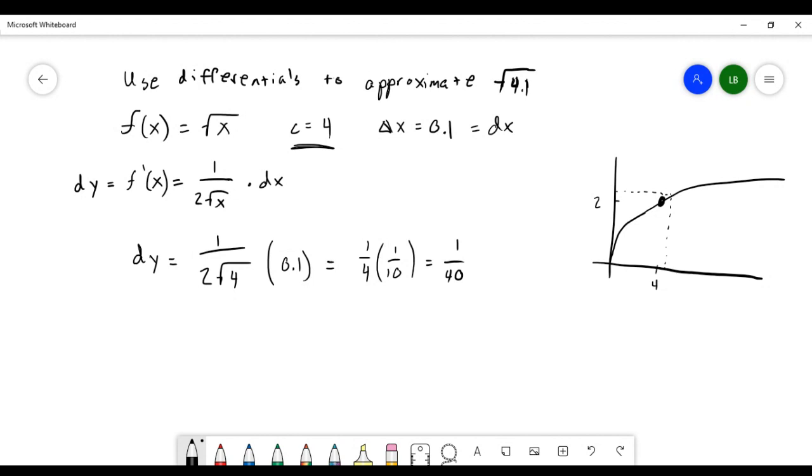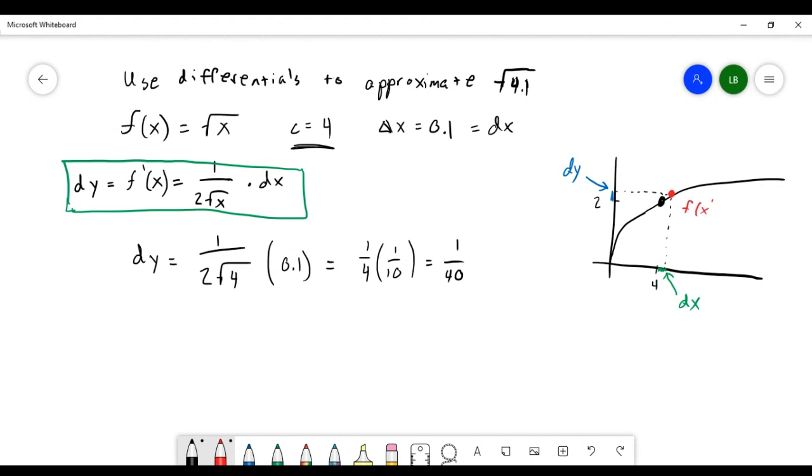So if I can approximate this tiny little gap here, dy, using this tiny little change in x by using the first derivative, then this y value occurring right here is going to be this function value here plus our change in y.